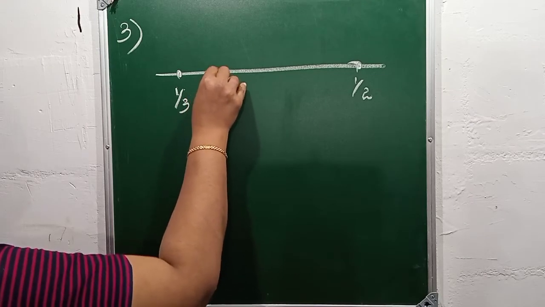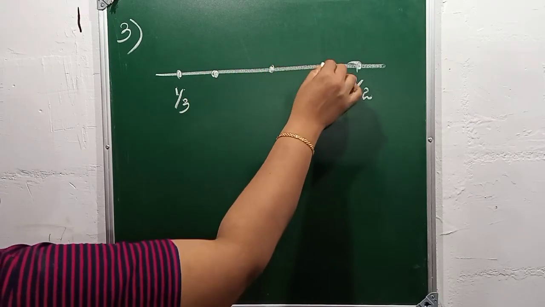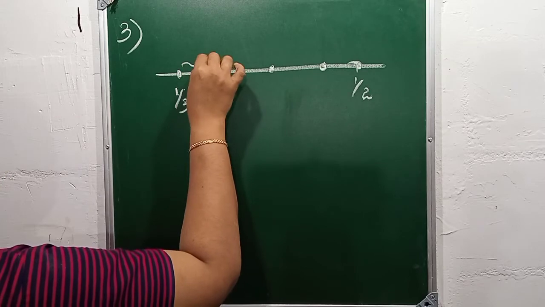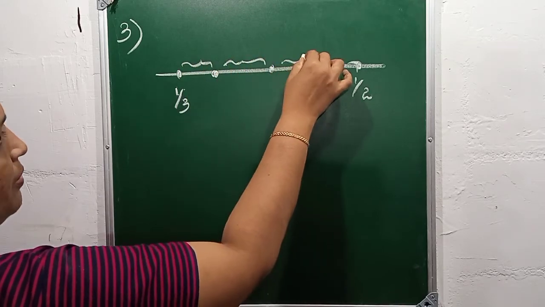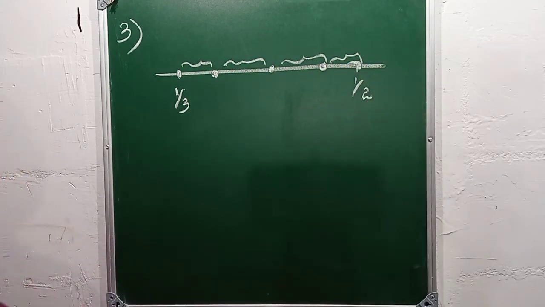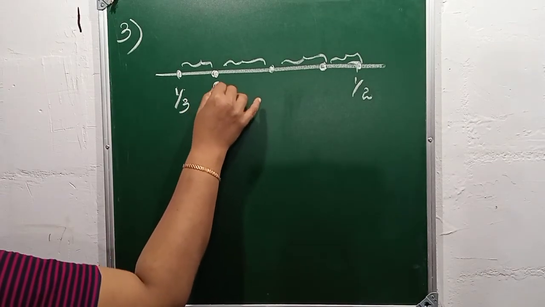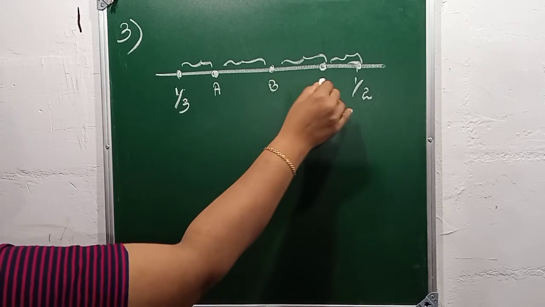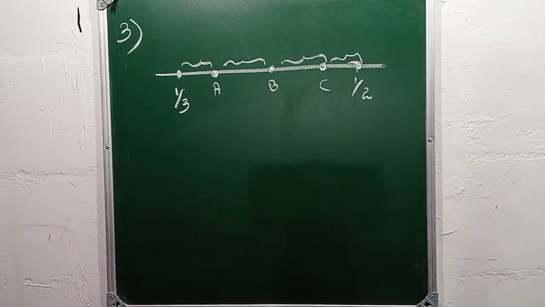So first point, second point and third point. Then we get 4 equal parts in between these 2 points, and these are the endpoints of each such division.